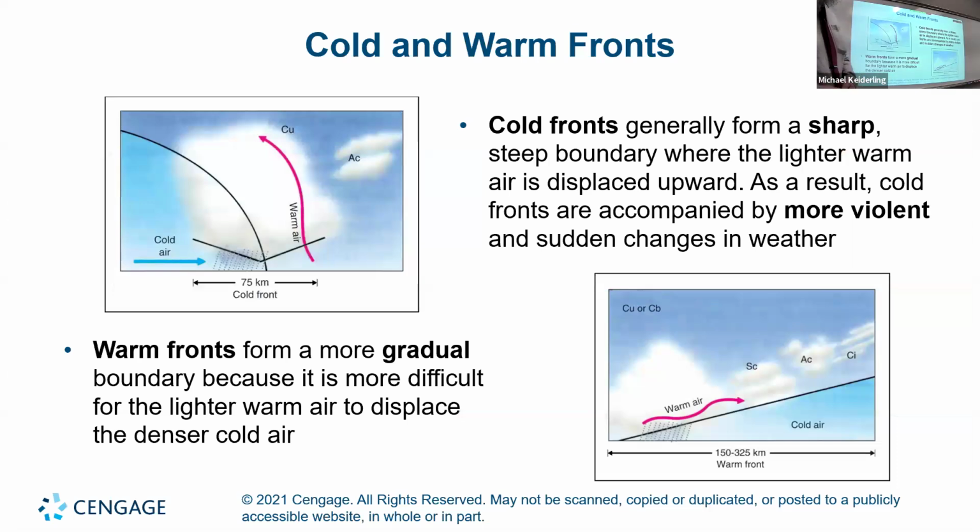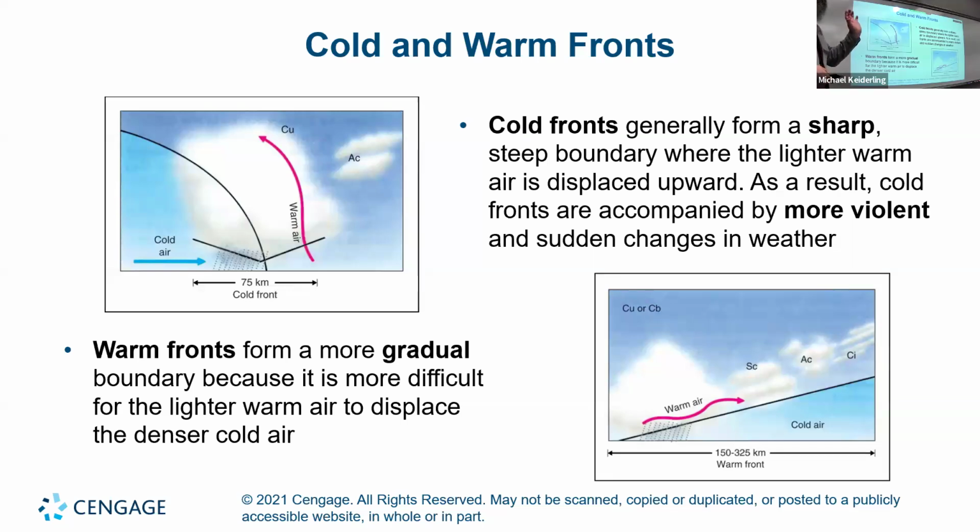So cold fronts generally form a sharp, steep boundary where the lighter warm air gets displaced upwards. They're accompanied by more violent and sudden changes in weather. Those short, really intense thunderstorms, that's a cold front. Warm fronts form a more gradual boundary because it's more difficult for the lighter warm air to displace the denser cold air.